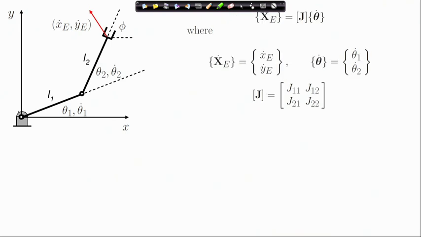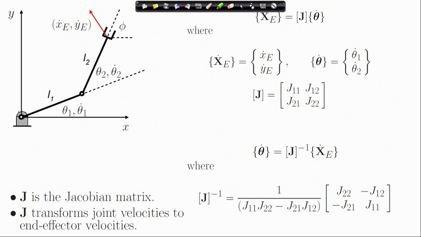Then we ask the question, how to determine the joint velocities given the end effector velocity vector. Now, this, as you know, is configuration dependent; the Jacobian is configuration dependent. So, the inverse is also configuration dependent.